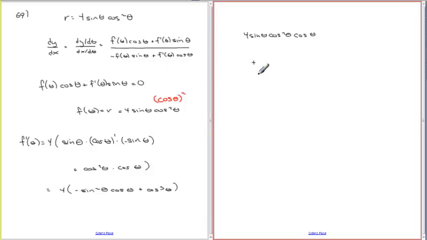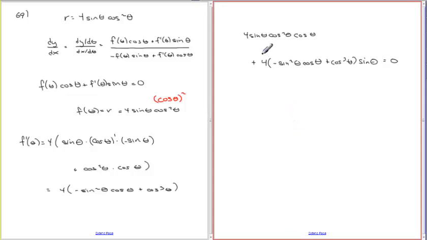The second term is f'(θ), which is 4 times negative sine squared θ cosine θ plus cosine cubed θ, the whole thing times the sine of θ. That needs to be equal to 0.